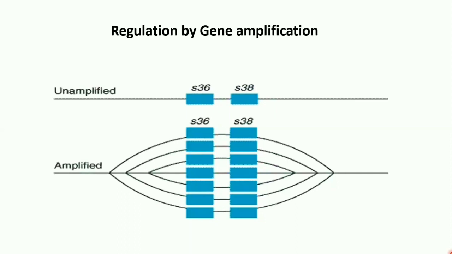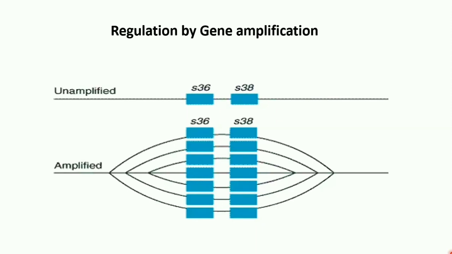Gene amplification is also reported in humans. Cancer cells need folic acid to grow, and for the synthesis of folic acid, the enzyme dihydrofolate reductase is required. Methotrexate is an anti-cancer drug which inhibits the enzyme dihydrofolate reductase.